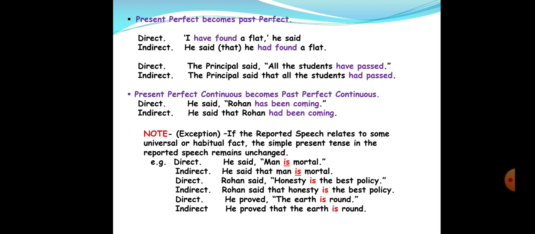In direct speech, if we write, Rohan said honesty is the best policy. In indirect, it will become, Rohan said that honesty is the best policy. Similarly, if we write, he proved the earth is round, then in indirect also we will say he proved that the earth is round.